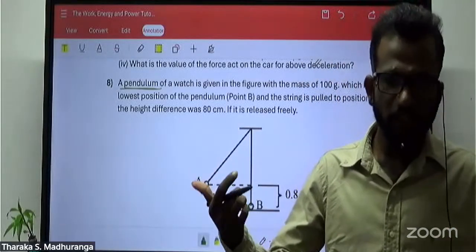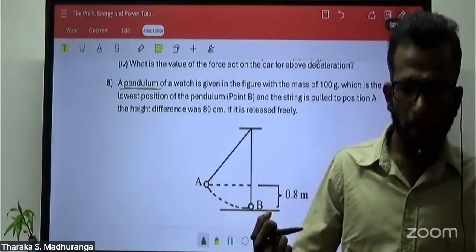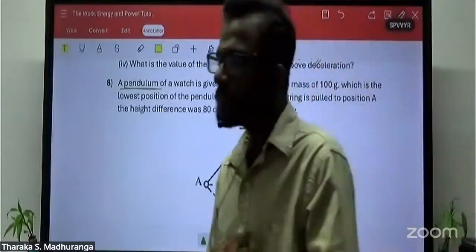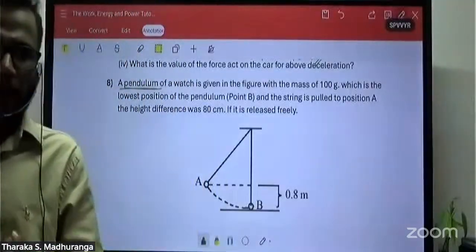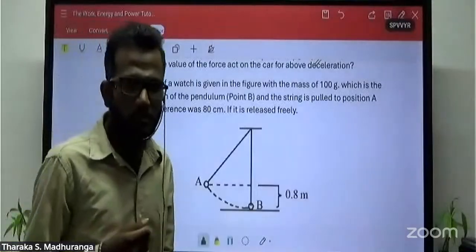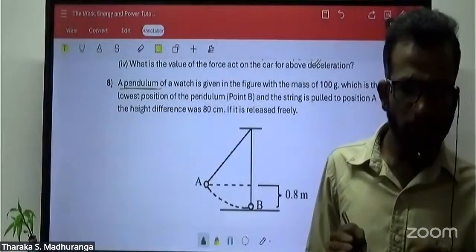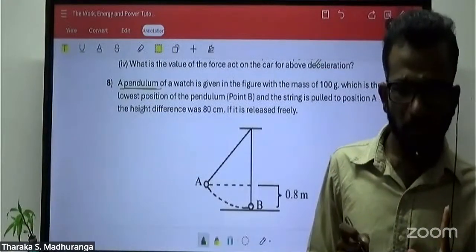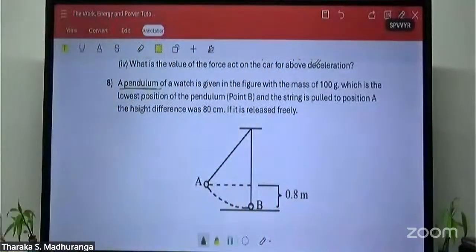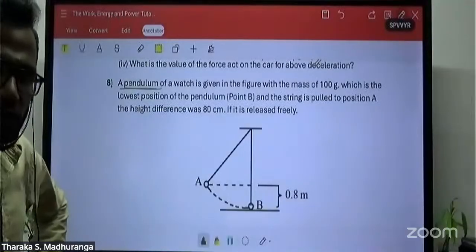What is that? Pendulum. What? Yeah, you already know. Pendulum. Amma, do you know? Pendulum.